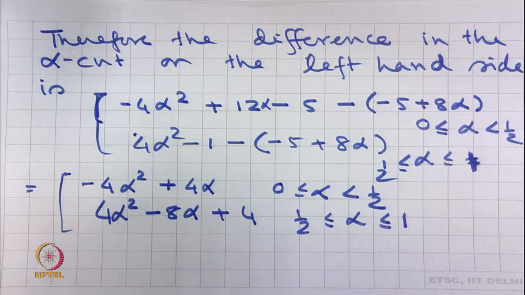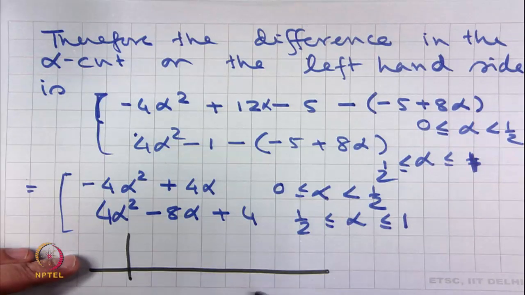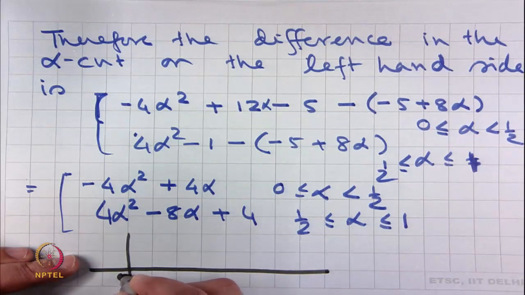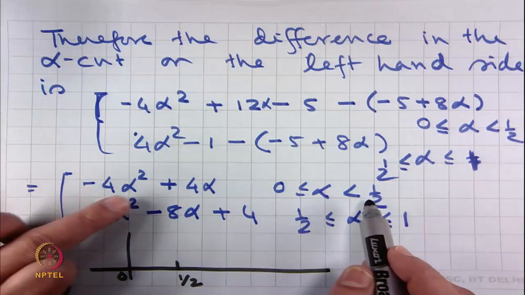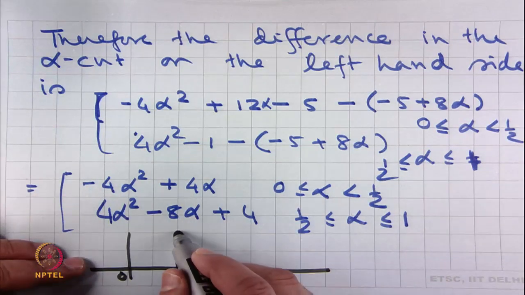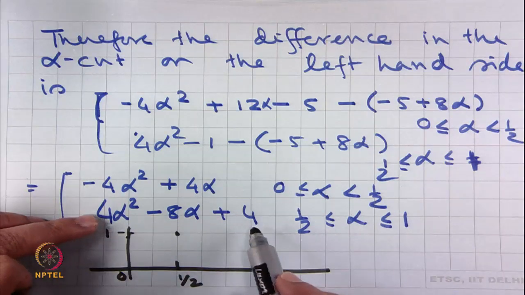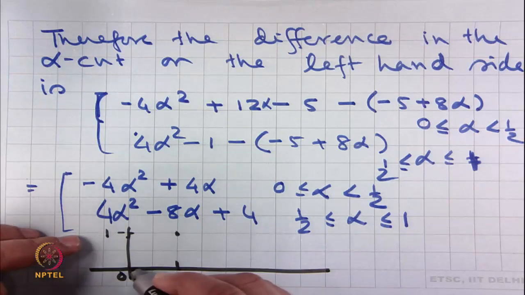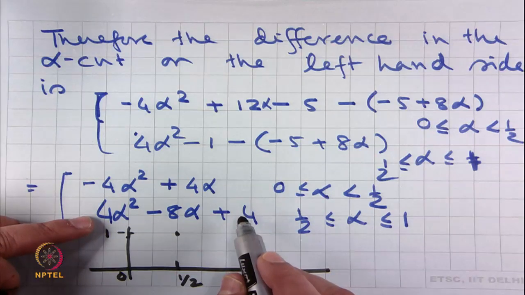So, if we plot the graph, we get at alpha is equal to 0, this is 0, at alpha is equal to half, this is minus 1 plus 2, which is 1, and at alpha is equal to half, this one is 1 plus 4 minus 4 is equal to 1, and at alpha is equal to 1, this is 4 minus 8 plus 4 is equal to 0.